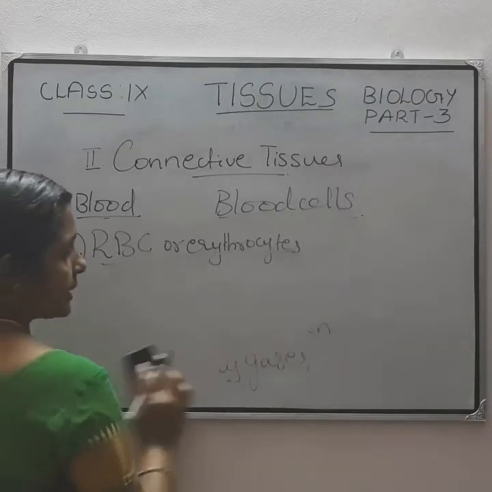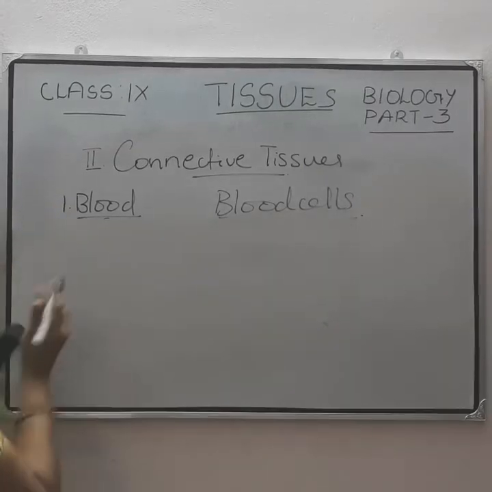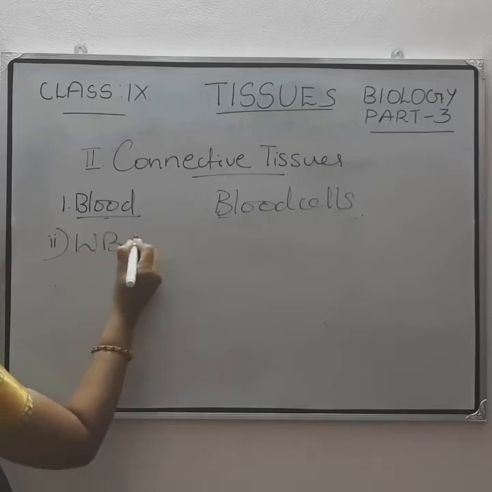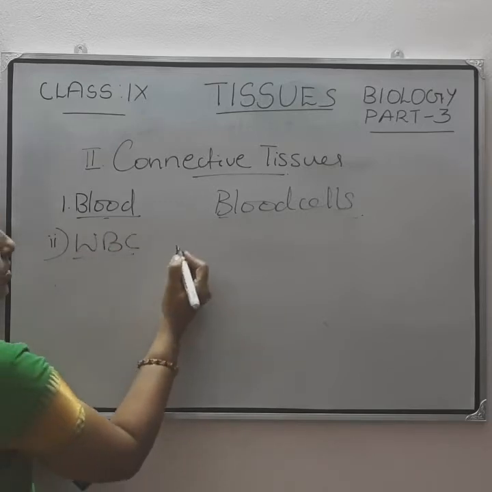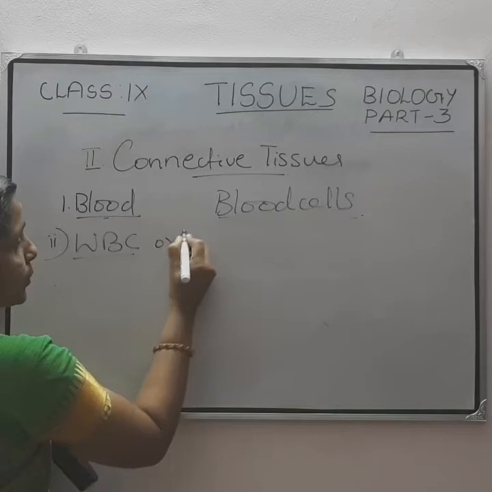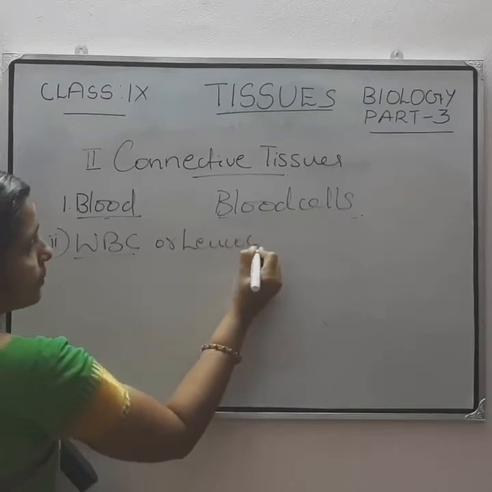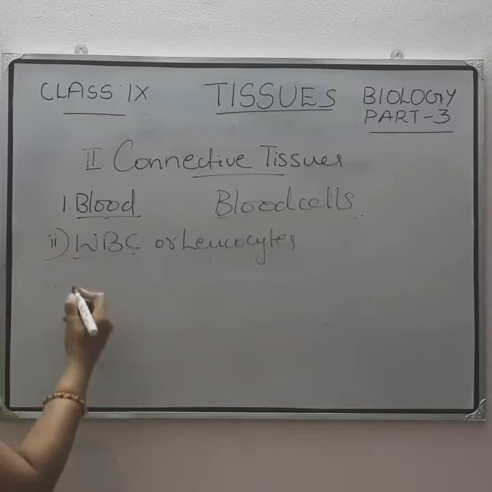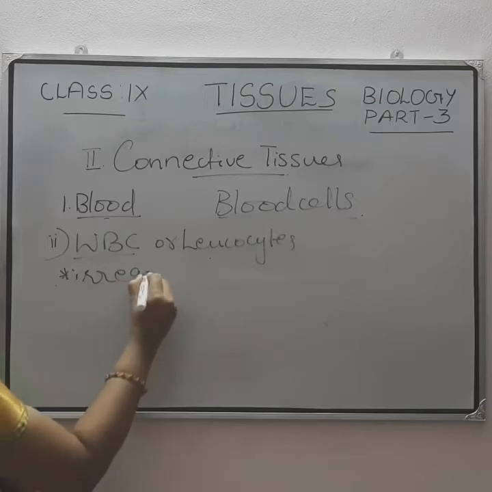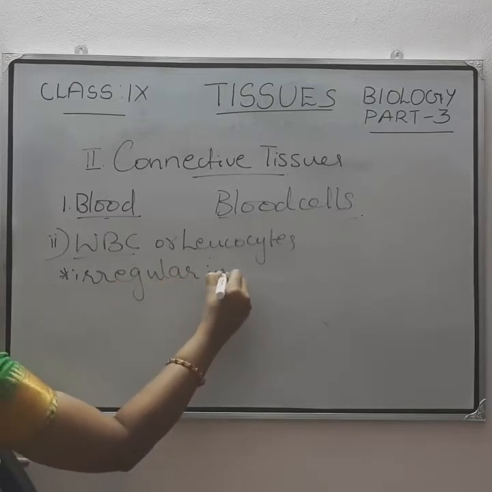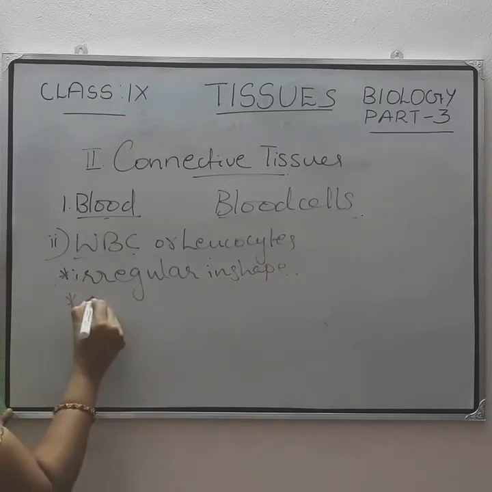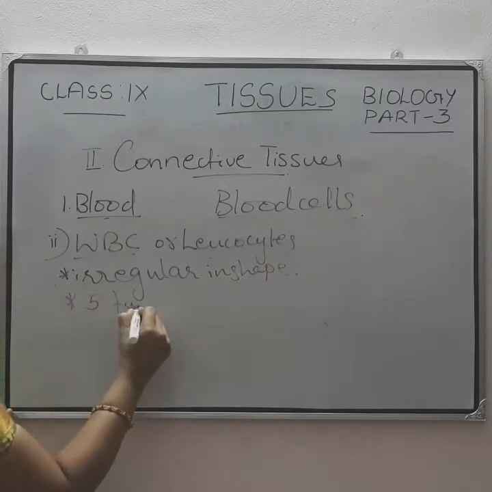The next blood cell is WBC. WBC is also known as leukocytes. These WBC cells are irregular in shape. And there are 5 types of WBCs.